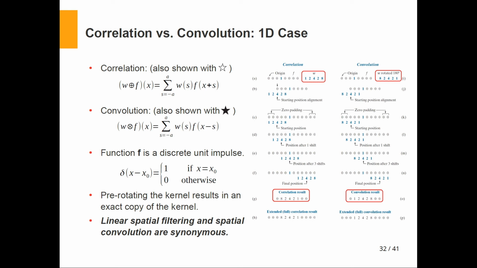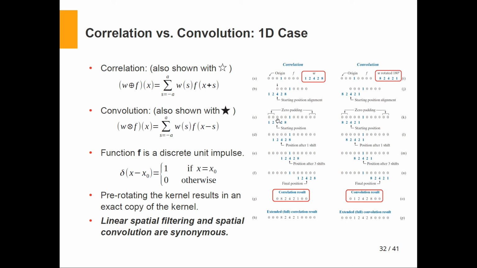But one thing that you might notice is that the value 1 and the value 2 basically fall outside the boundary of function f. So to avoid having undefined values, we usually zero extend the original function by some zeros either to the left or to the right.